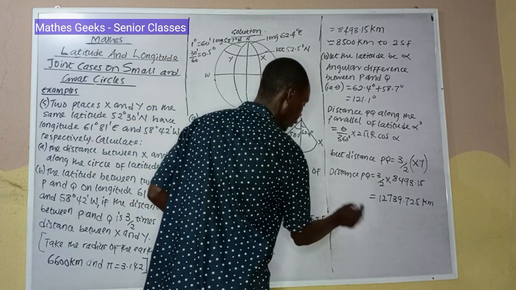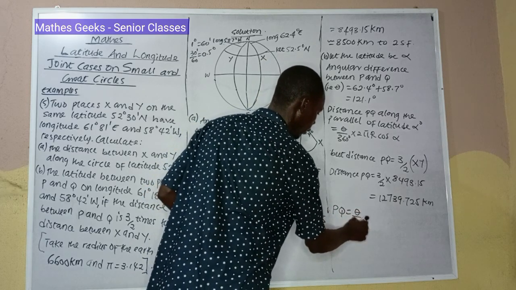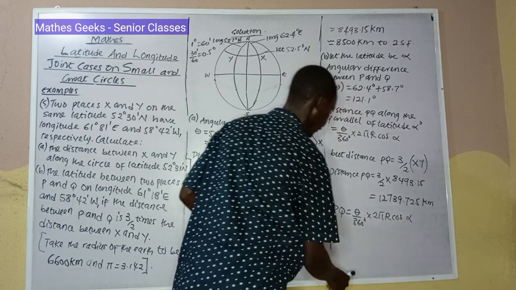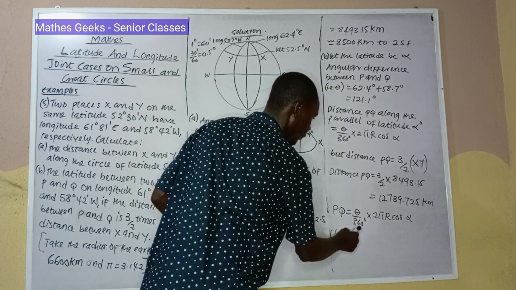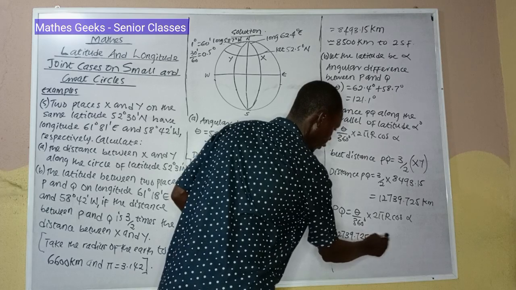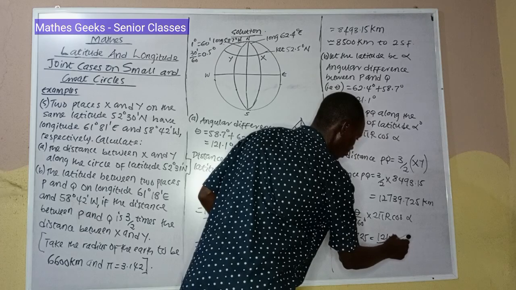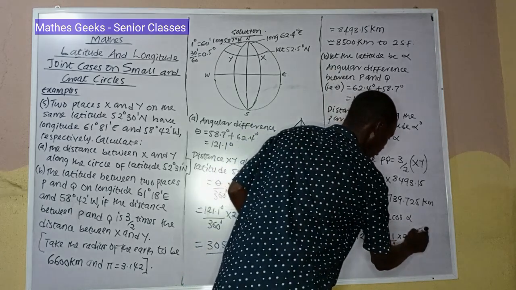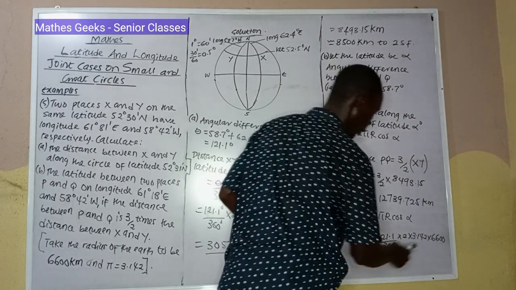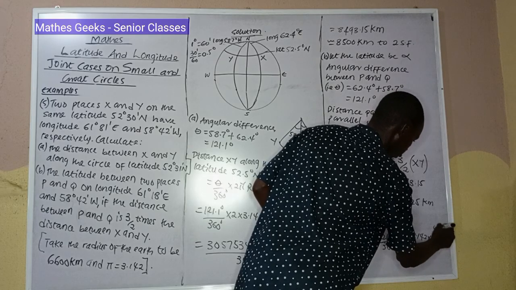So PQ is equal to theta over 360 degrees times 2 pi r cos alpha. So 12739.725 is equal to 121.1 over 360 degrees times 2 times 3.142 times 6,600 times cos alpha.